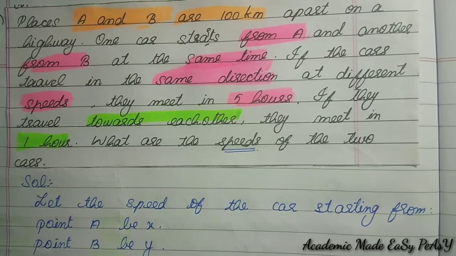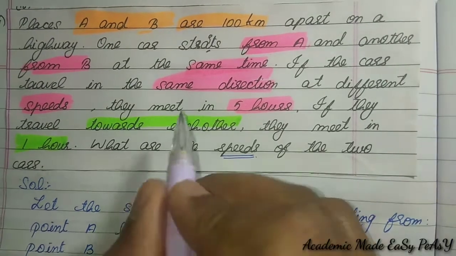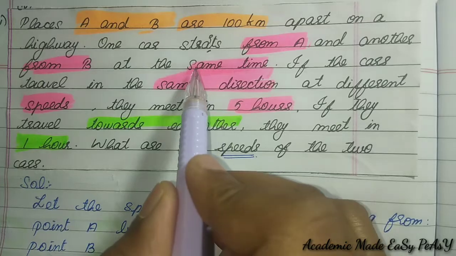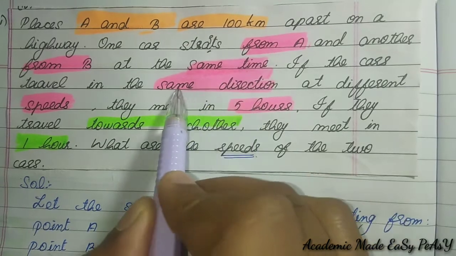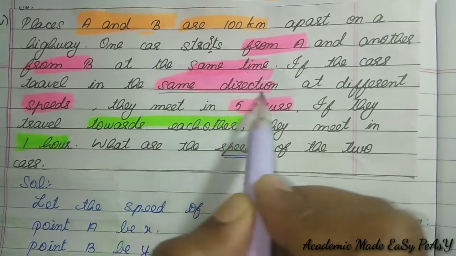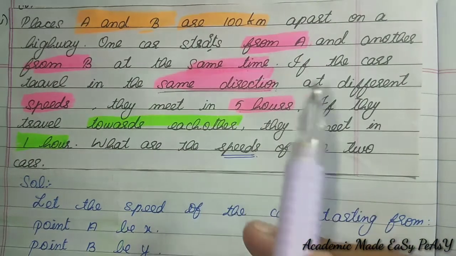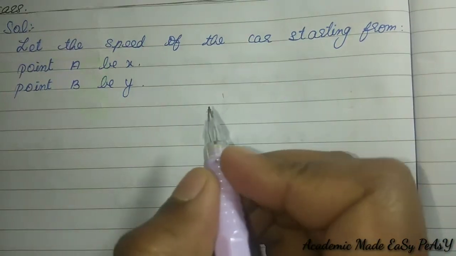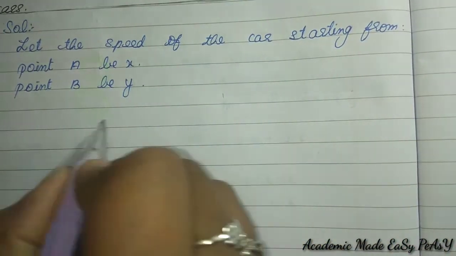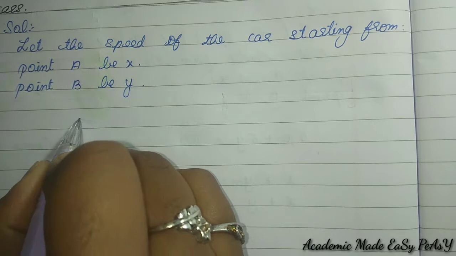Okay, so the speed of the car which is starting from A is x and from point B is y. So now, in the first case they are saying that they are starting at the same time in the same direction, hence they will be meeting after 5 hours. Whatever you do, just picturize it and do according to the first case.